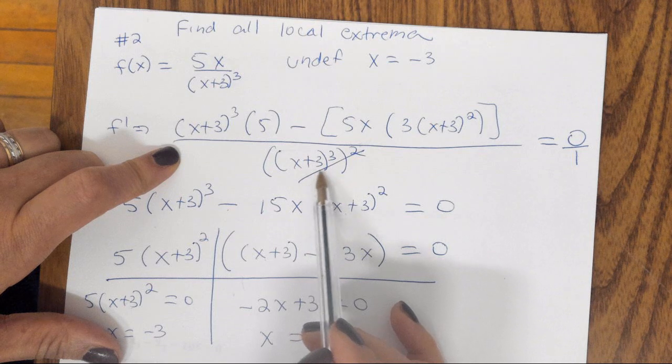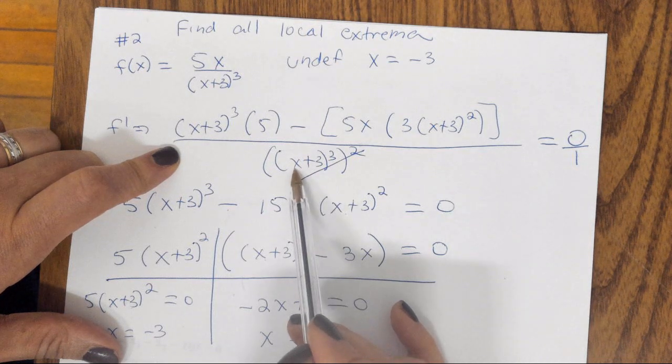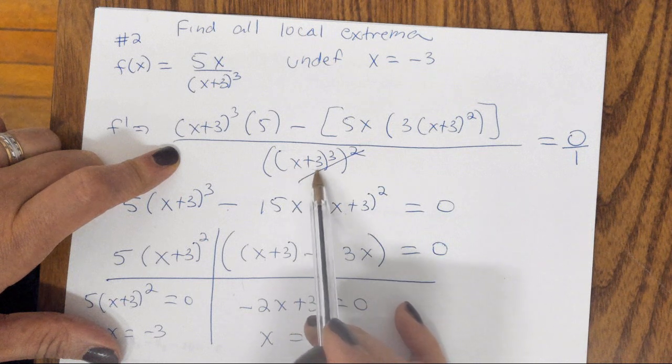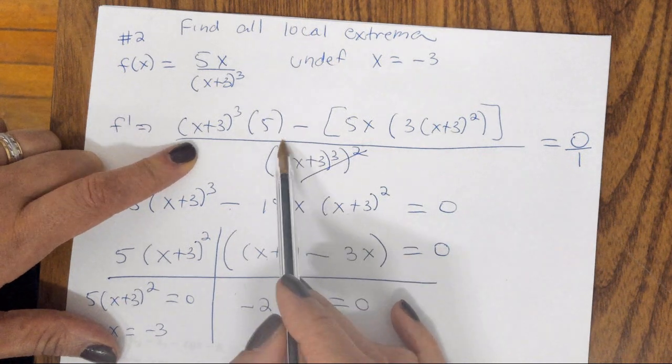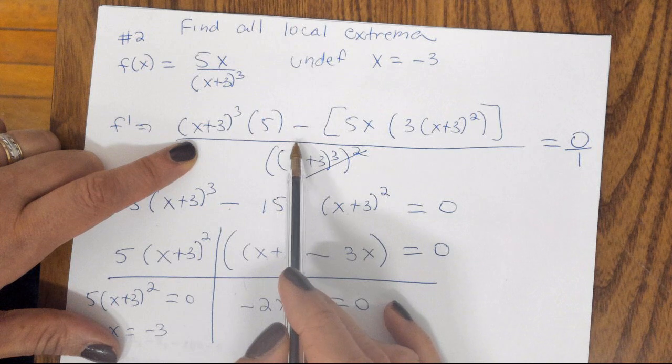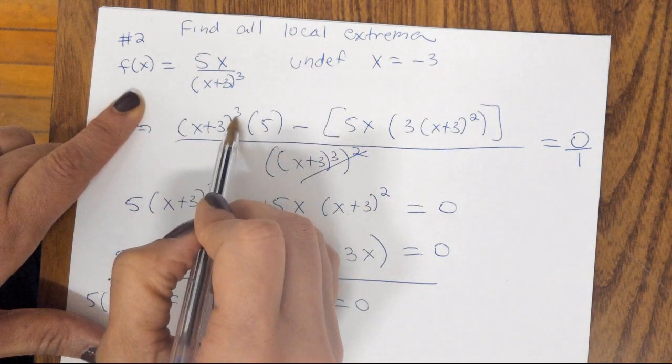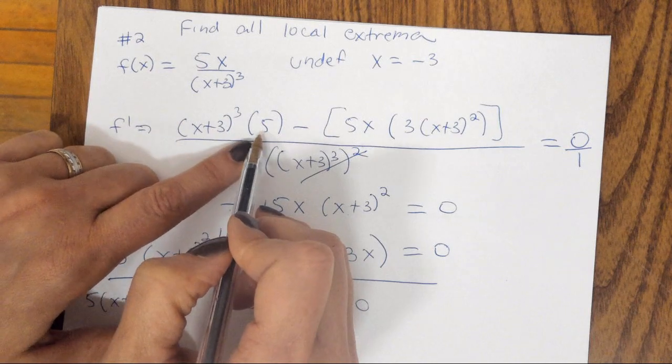Down here, I know I end up with a positive number, right? If I plug in 0 here, I get 3 cubed squared. Regardless, this will be a positive number. So what do I get in my numerator? Here I have 0 plus 3, so this is 3 cubed, 27 times 5.